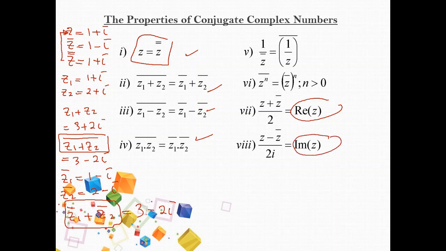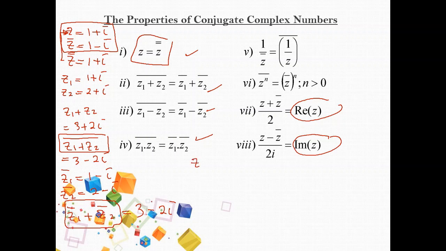I'll show you how you get this property. Let us take a simple example, z plus its conjugate. This is our z and this is our conjugate.